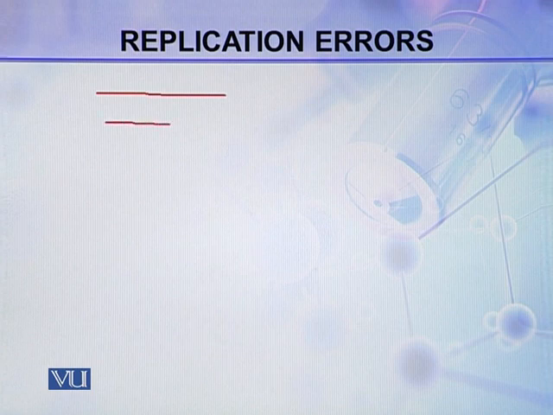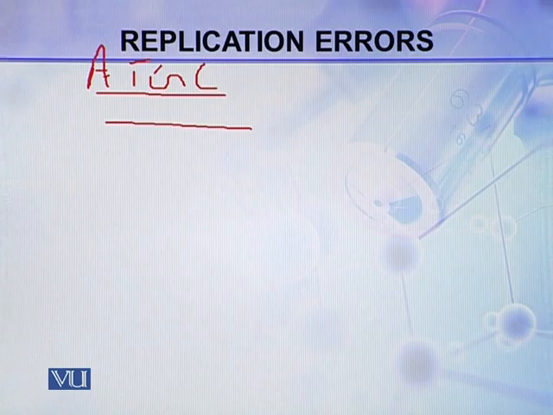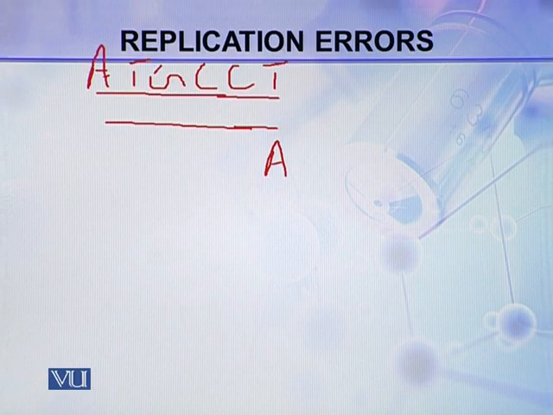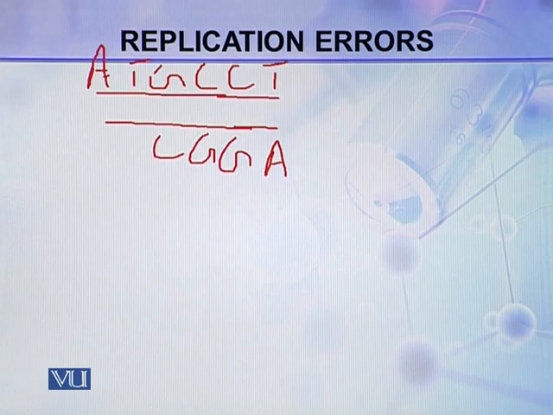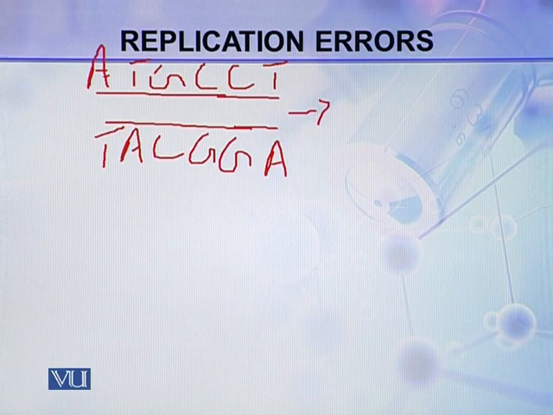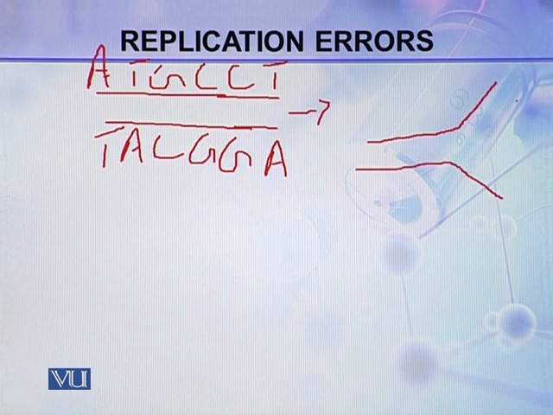This is a double-stranded DNA. It has some sequence, for example, A, T, G, C, C, T. On the other strand, it will have A, G, G, C, A, and T. So during replication, the strands are open and new strands are synthesized.